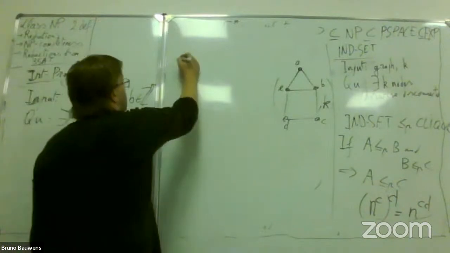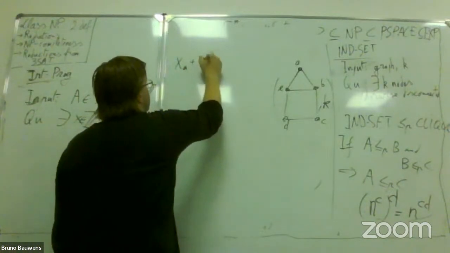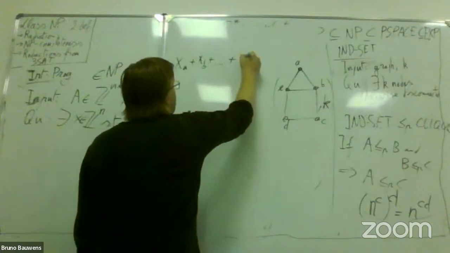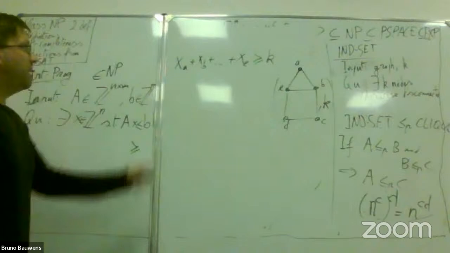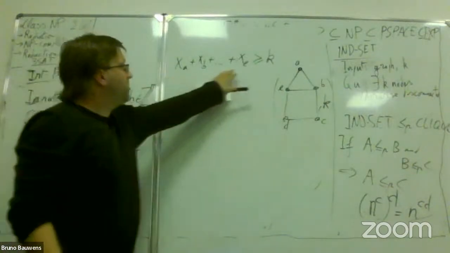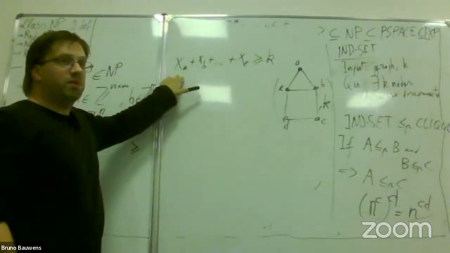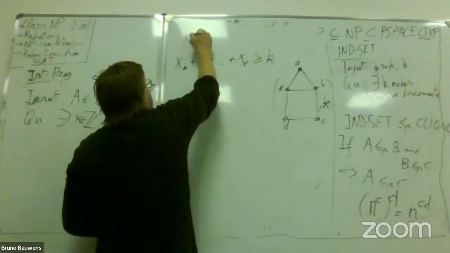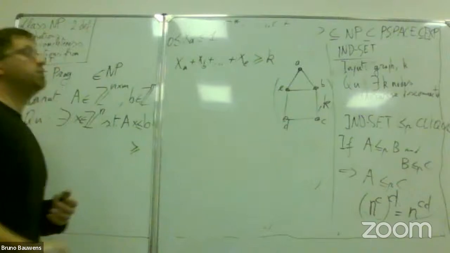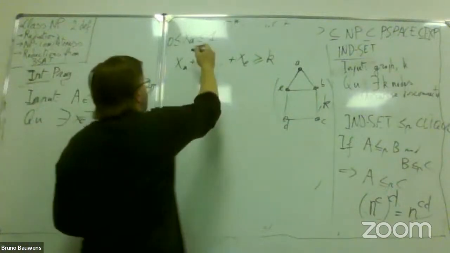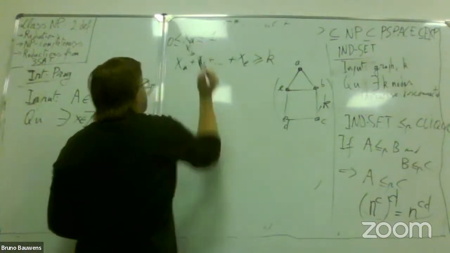First, XA plus XB plus and so on, XE should be bigger than or equal to K. The idea is that in the independent set, we should set at least K variables to 1. And then I require that all variables are bounded by 0 and 1, and same for XB and so on.